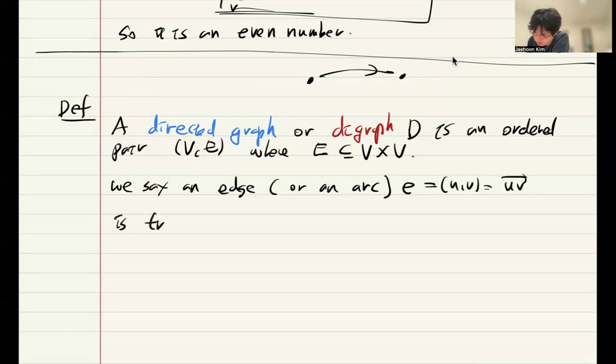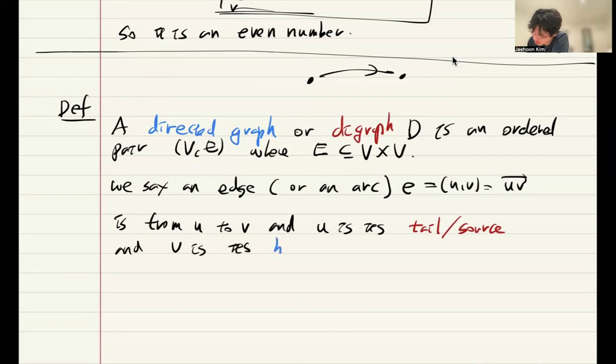This is from u to v. And we say that u is its tail or source, and v is its head or sink. If you consider it as an arrow, then it's tail and head. If you consider it as a flow of something, then it's source and sink.